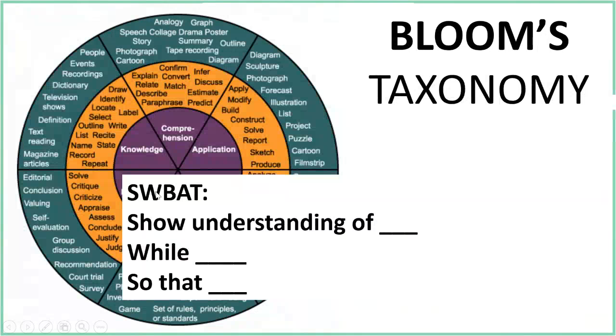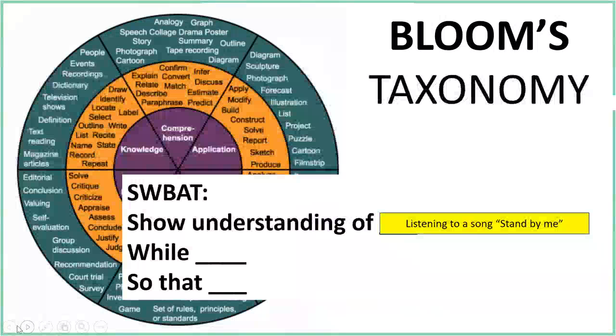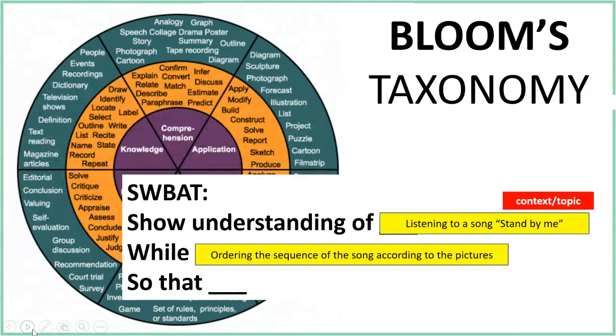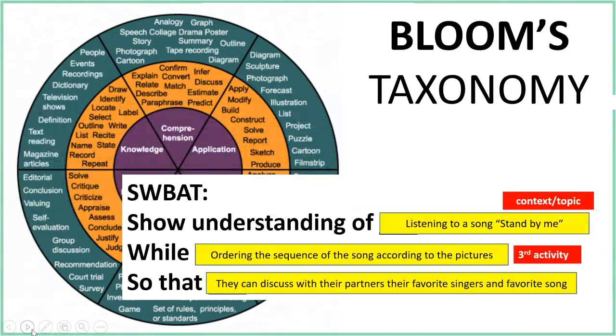Because look, students will be able to show understanding of, and I'm going to tell you an example, listening to a song, Stand By Me, while ordering the sequence of the song according to the pictures, so that they can discuss with their partners their favorite singers and favorite songs. So let's analyze this objective.